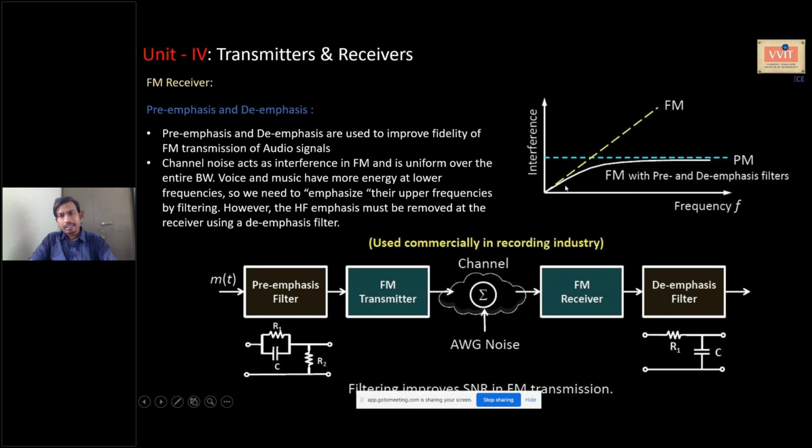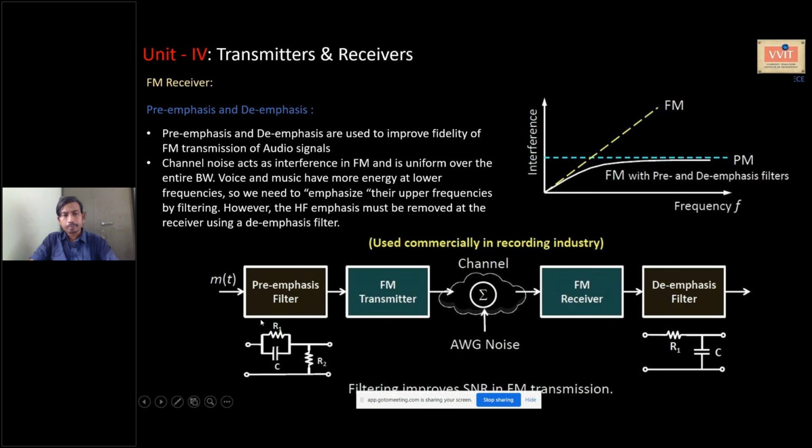Now the idea is, using pre-emphasis, let us boost the high frequency components before performing modulation, so that when the FM signal generated after pre-emphasis travels through the channel, even though the high frequency components are attenuating, because we have already boosted them, that is compensated. That is why pre-emphasis is used.